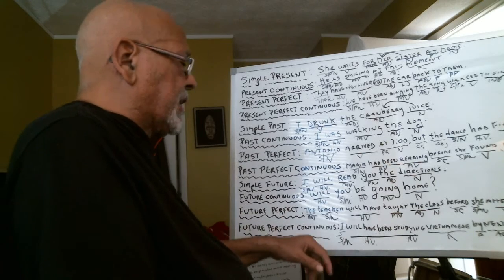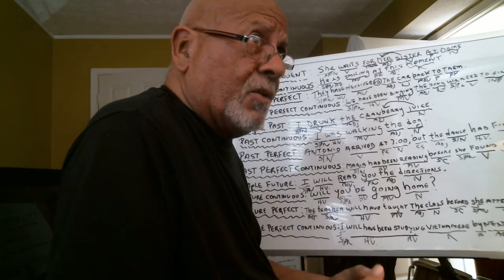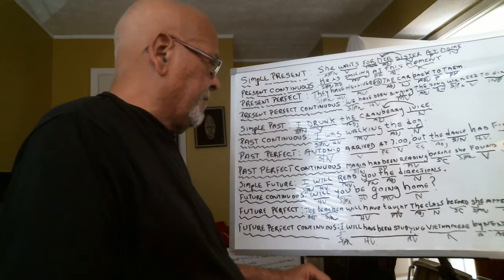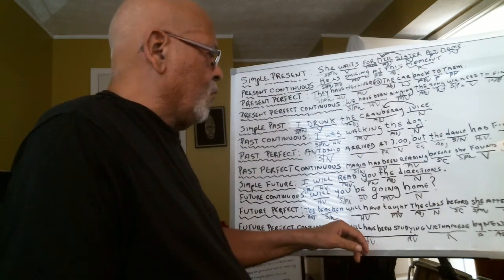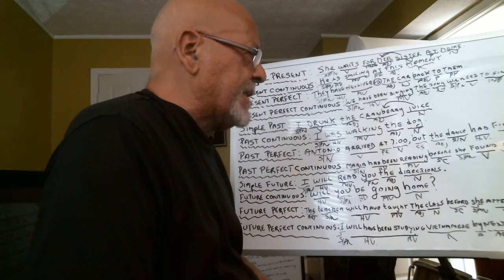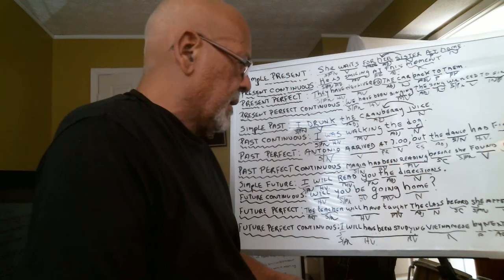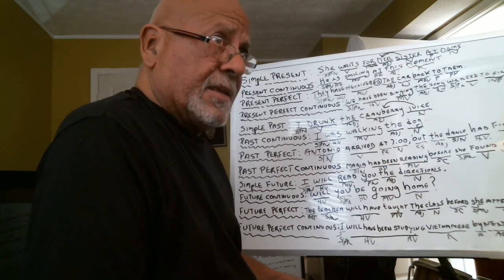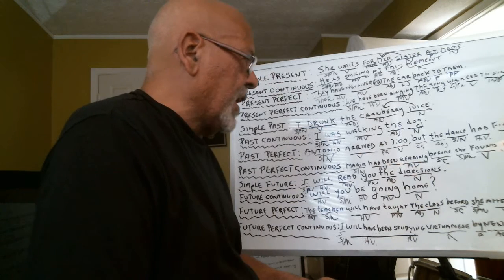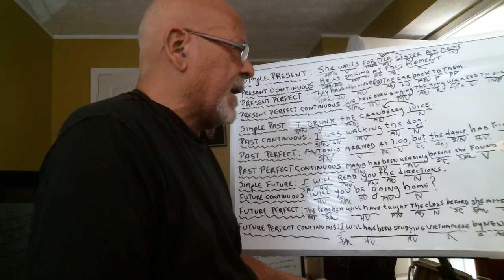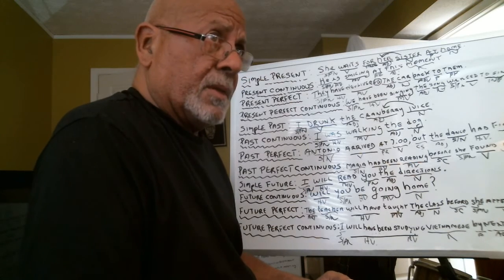Future perfect continuous. This tense is rarely used. Okay? I will have been studying Vietnamese by next term. I will have been, helping verb, studying, main verb, Vietnamese by next term.